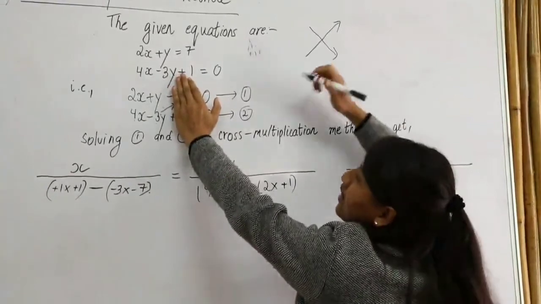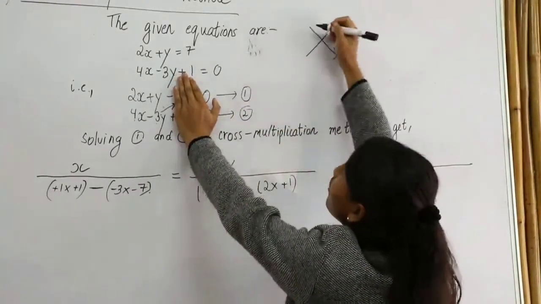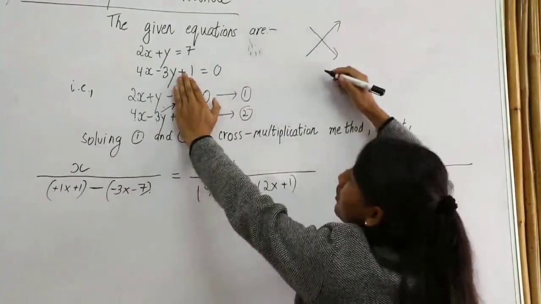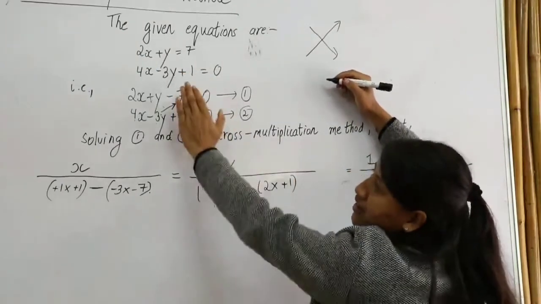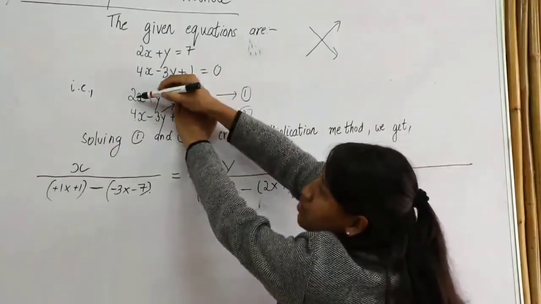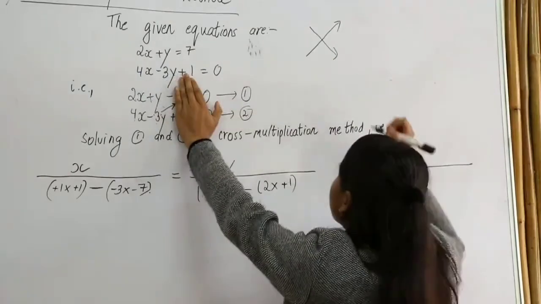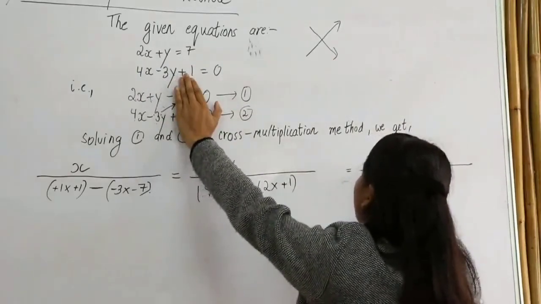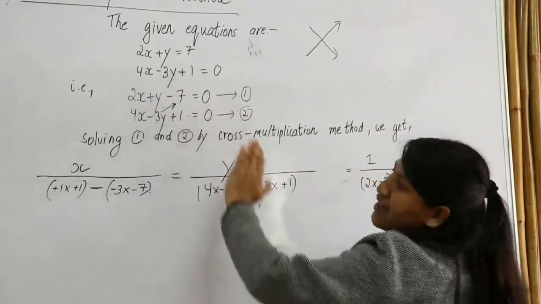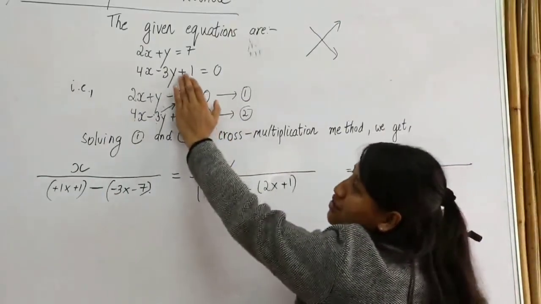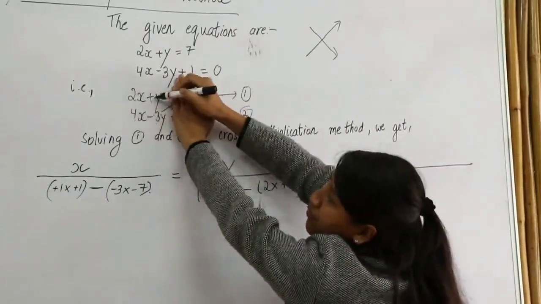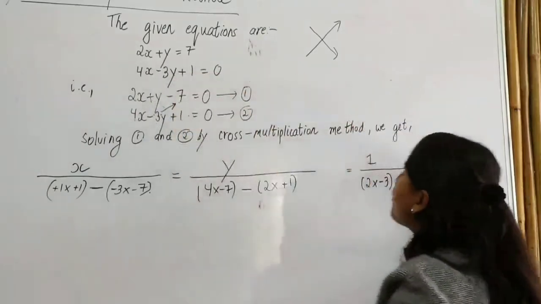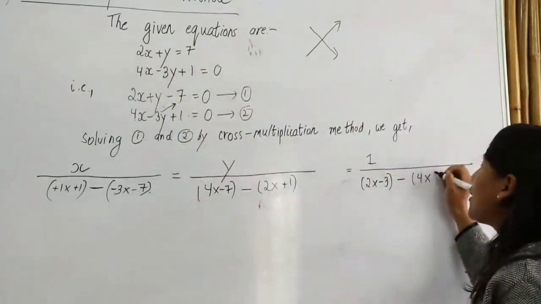This one again like what we did for x, this order. Only for y is different. So this one 2 into minus 3. Remember, you have to take the signs also. If you don't take the signs, then the answer you will not get. Then we have 4 and 1. So 4 into plus 1.